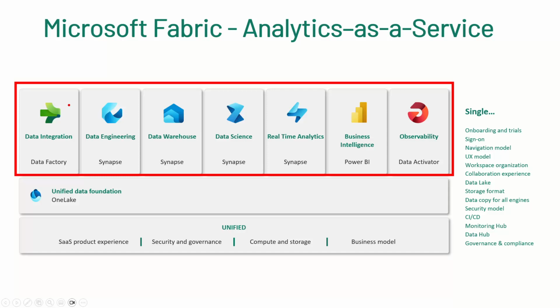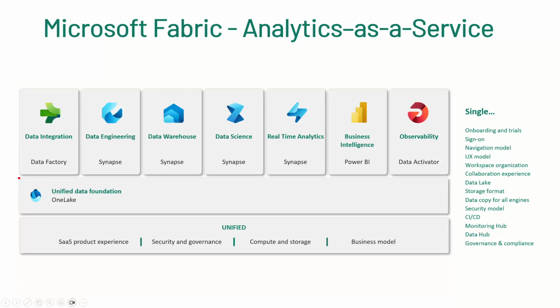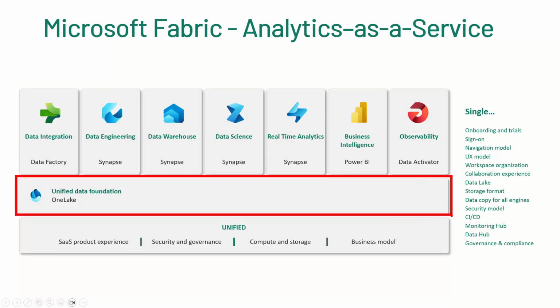But there's a big difference because there's one thing added to that universe. It's the unified data foundation, OneLake. And to be honest, that's the highlight when I talk about Fabric, because in Fabric, all of the workloads that are there talk the same language. There is no data duplication.